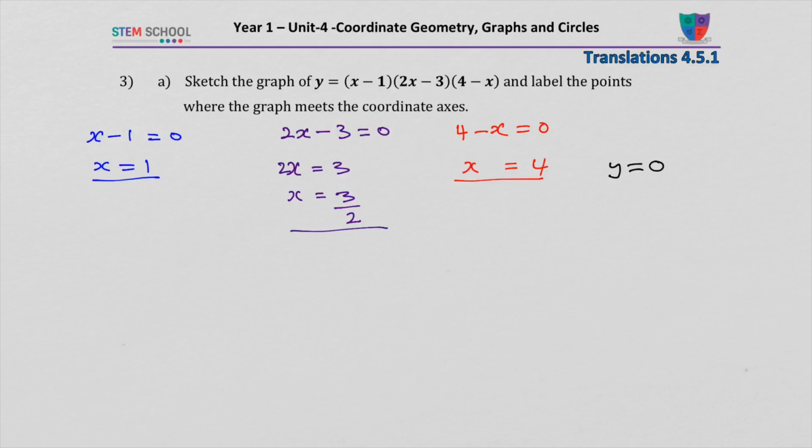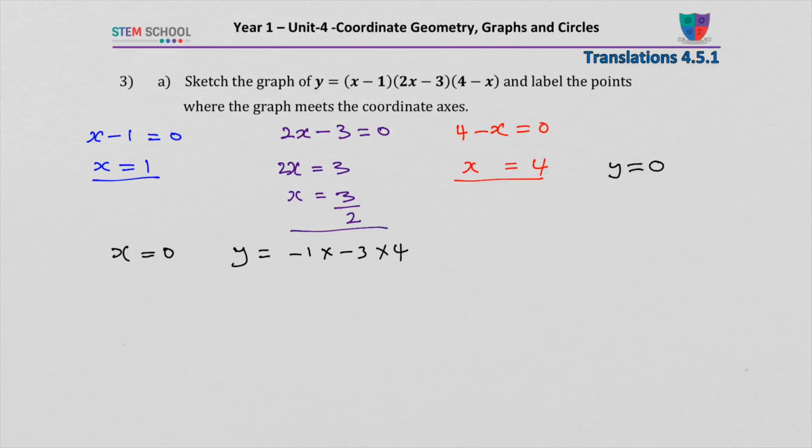But what about when x is 0? What is y? That will give us the intercept on the y-axis. If I put 0 in each bracket, what will be left is y equals minus 1 times minus 3 times 4.